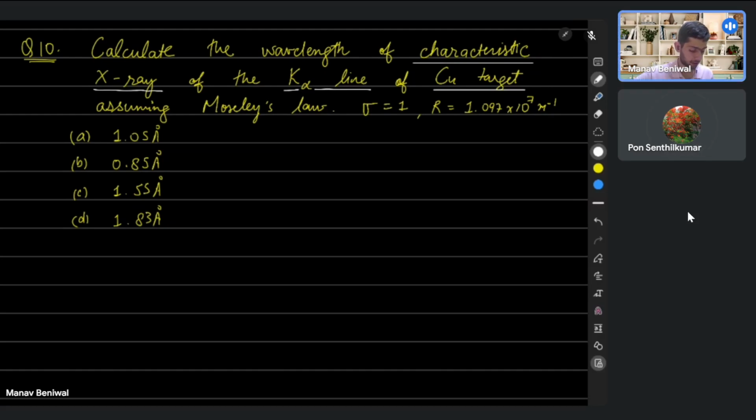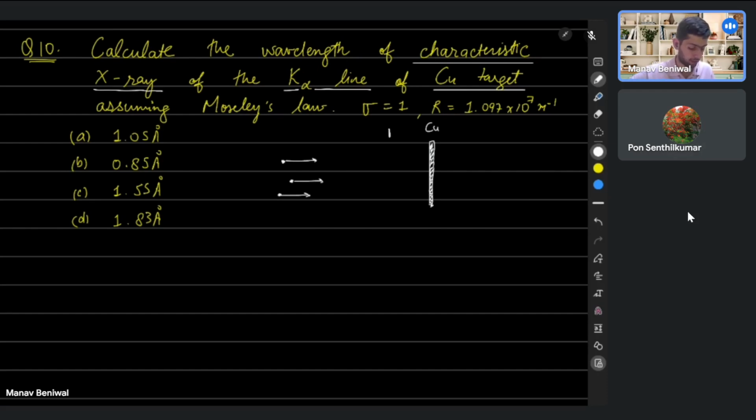So let me first explain how you generate X-rays in the lab. Let's say this is our copper target. We want to hit this copper target with electrons. So we accelerate these electrons by setting up some potential.